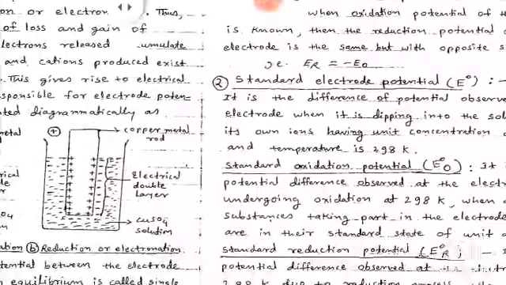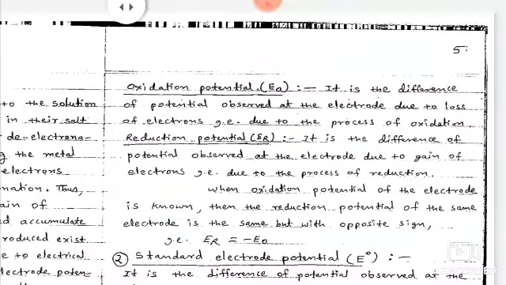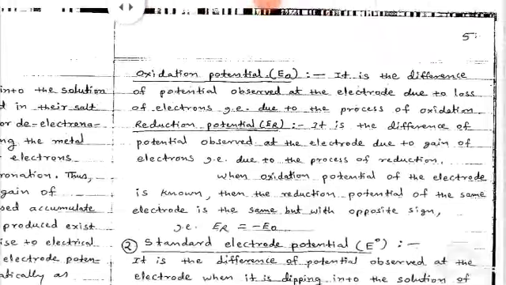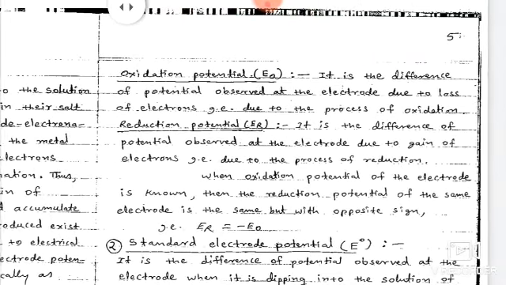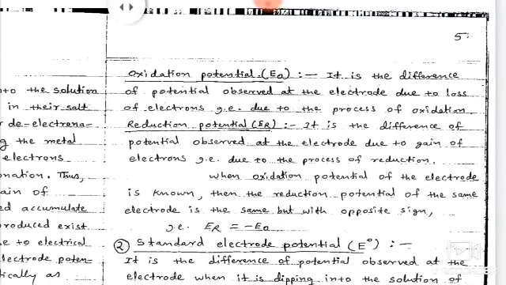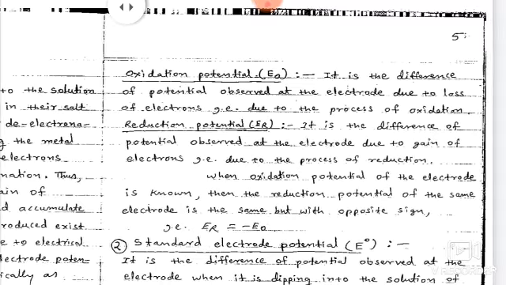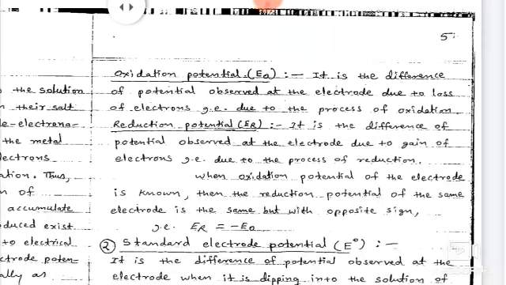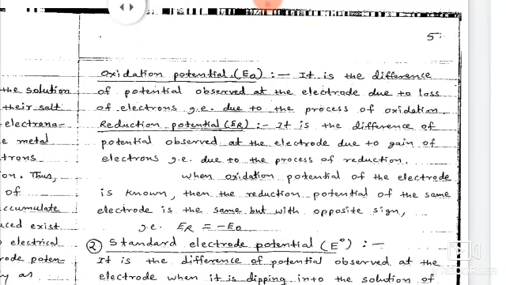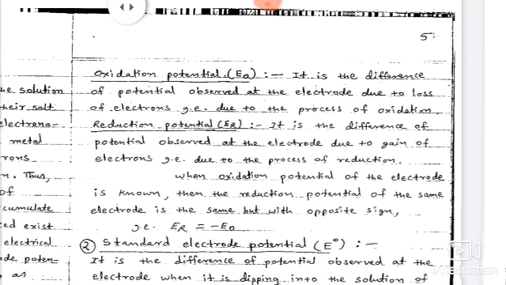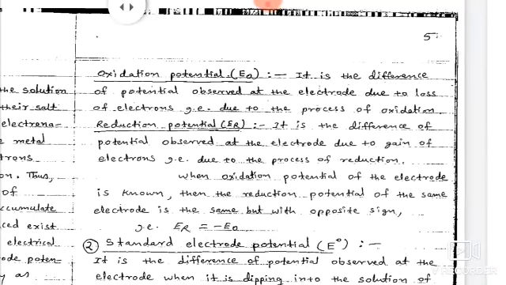So the oxidation potential is the difference of the potential observed at the electrode due to the loss of electron, that is, due to the process of oxidation. So this is known as oxidation potential, and the reduction potential is the difference of the potential observed at the electrode due to the gain of electron, due to the process of reduction.